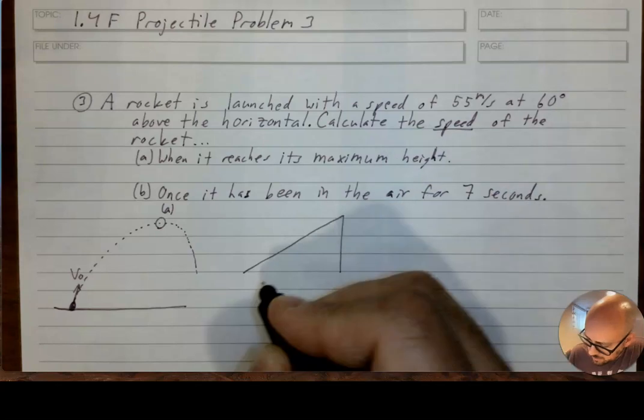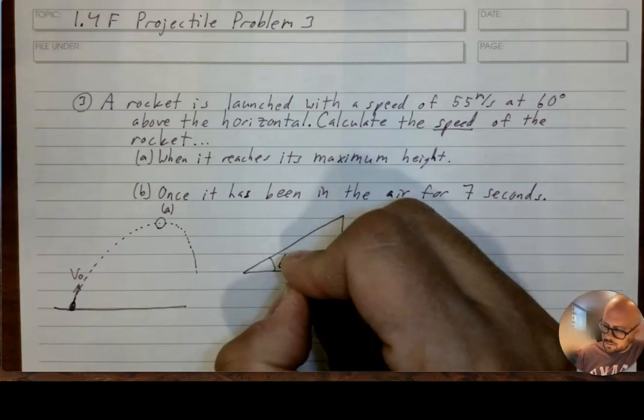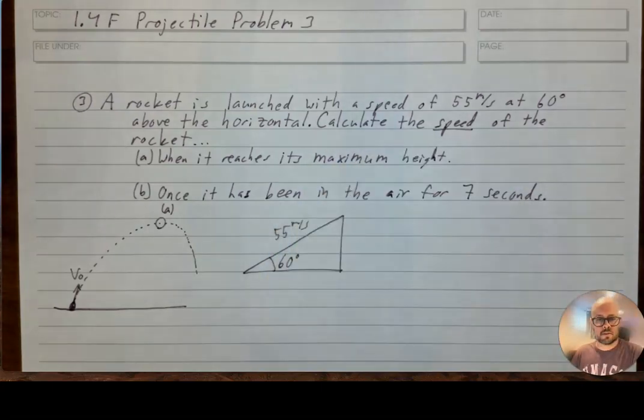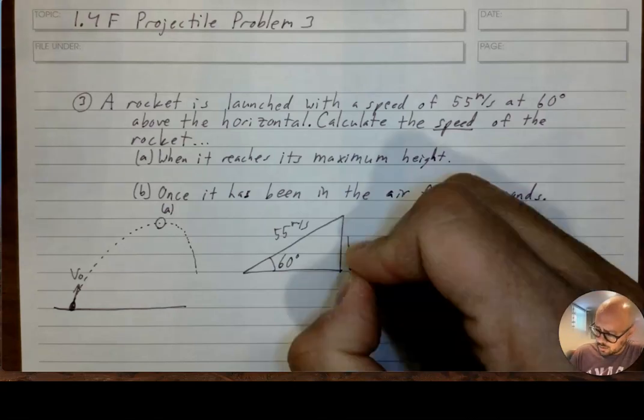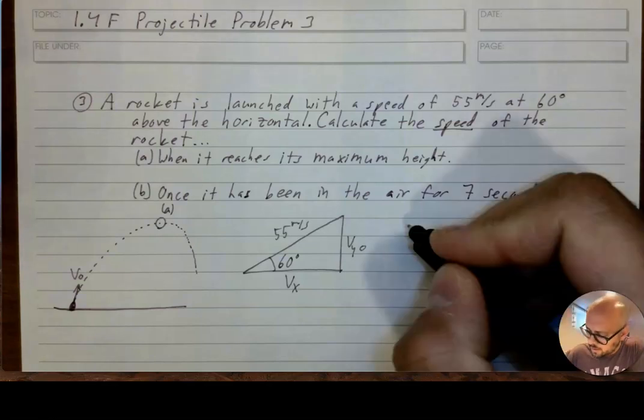So I'm going to start by making my triangle. 60 degrees is the angle, 55 meters per second is the speed at launch. Vy naught and Vx are the two components. Again, I said I was going to do trig faster and faster as we go.